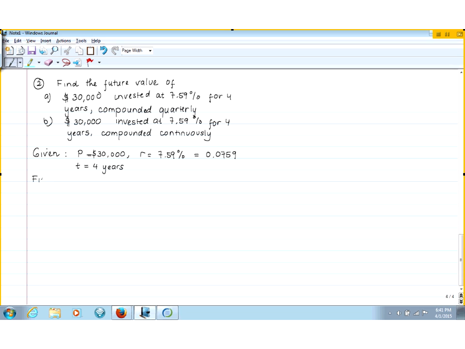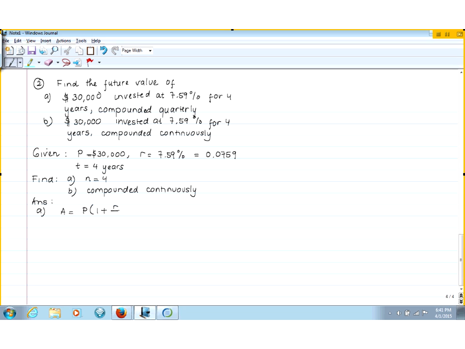And T is equal to 4 years. Now, depending on the question, for A, N is equal to 4. For B, compounded continuously, we have to use a different formula. All right, so anyway, let's start.